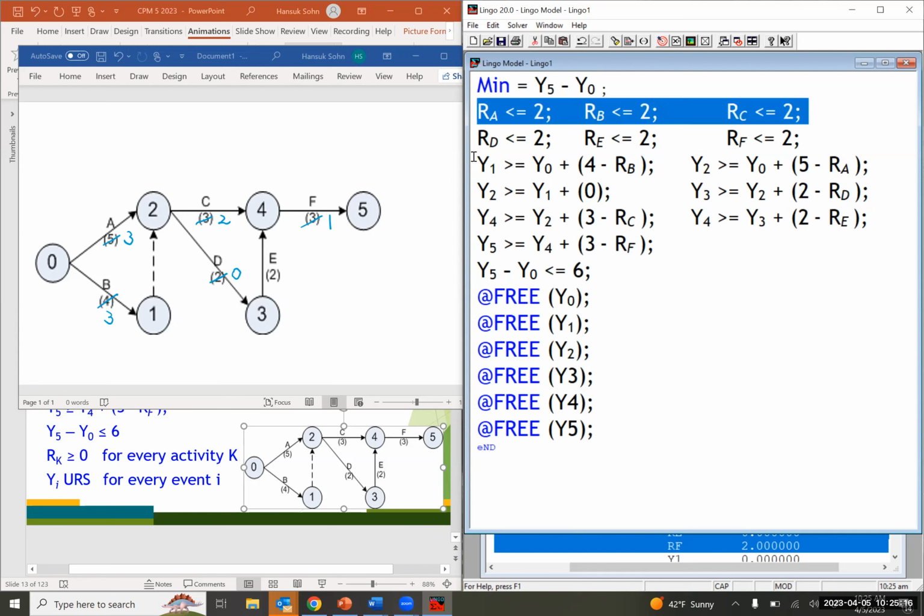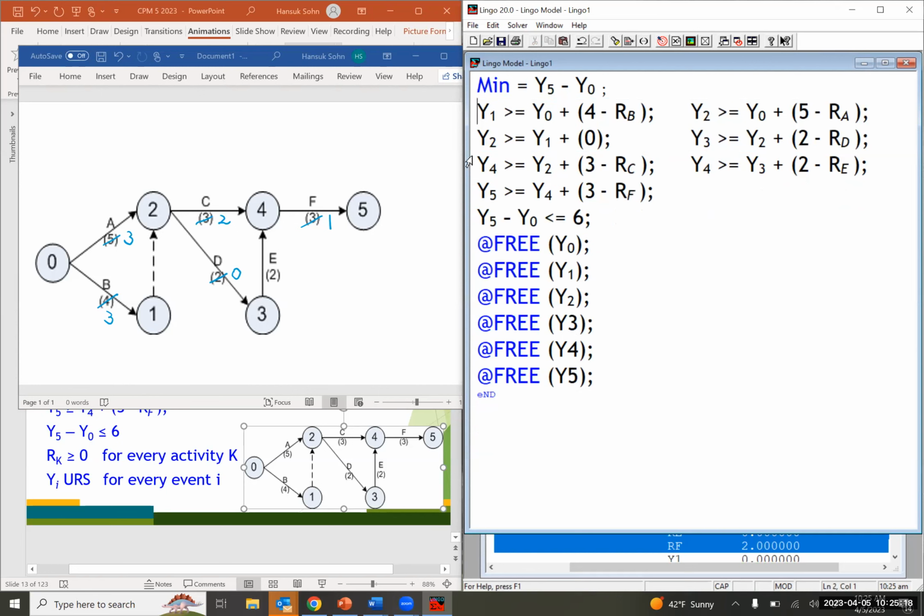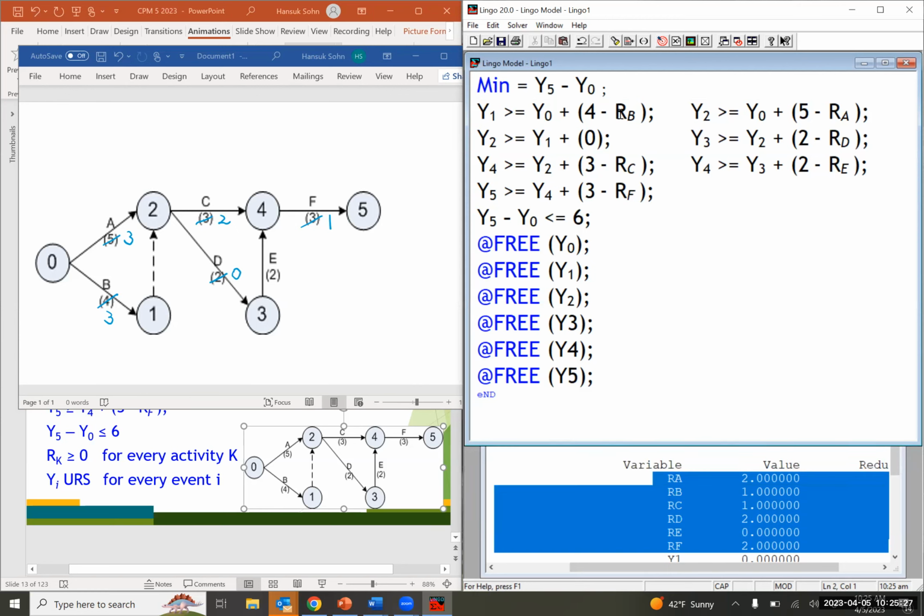And we don't need those, right? This is going to be redundant. And instead of those R values, I'm going to use these optimal solution values. So for RA, it's going to be 2. RB is going to be 1, RC is 1, RD is 2, RE is 0, and RF is 2.